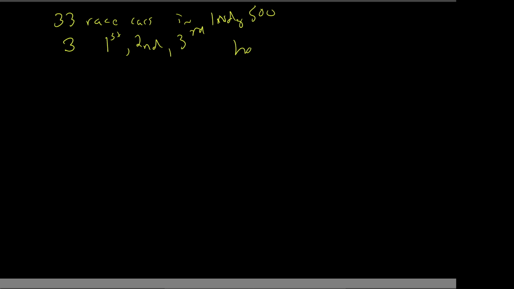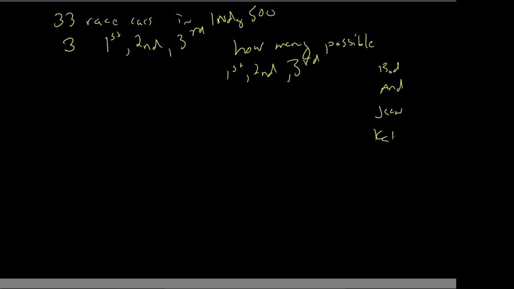So how many possible first, second, and thirds are there, right? You know, Bob, Andy, Gene, Kate, Steve, Stefan, so on, right? You have 33 cars. But only 3 of them can be first, second, third.